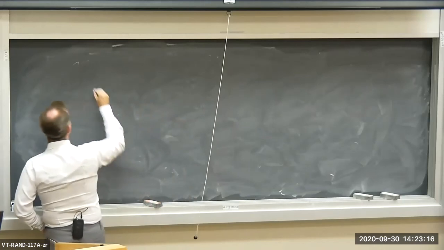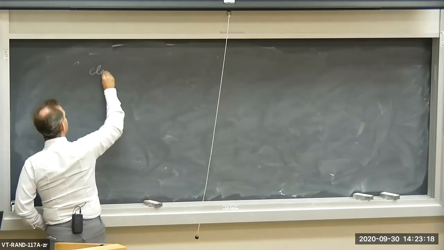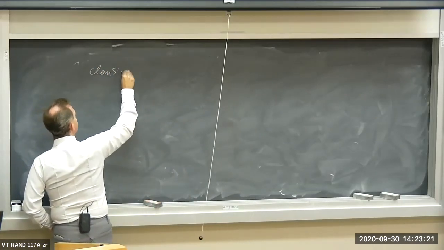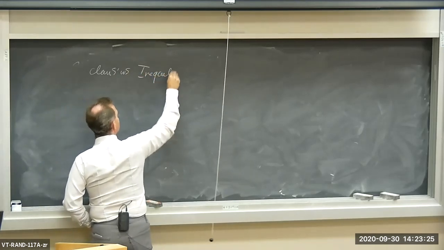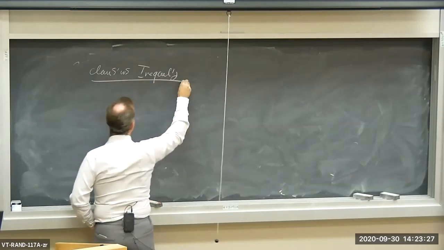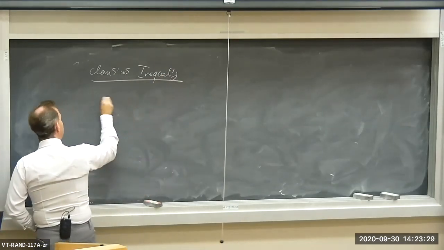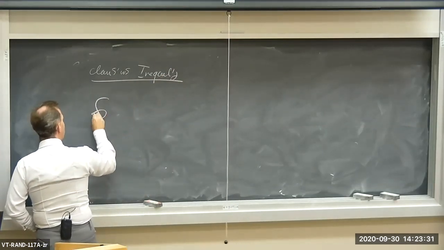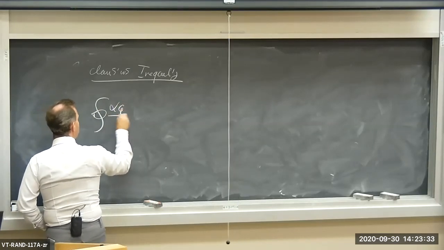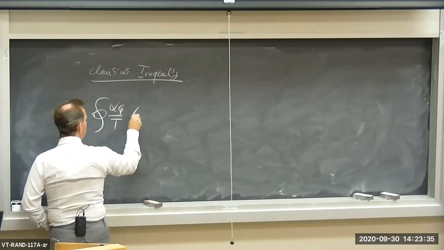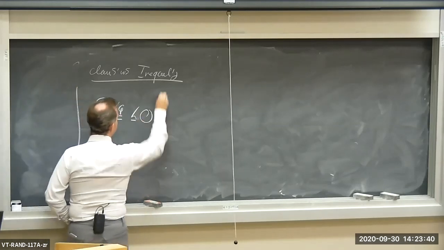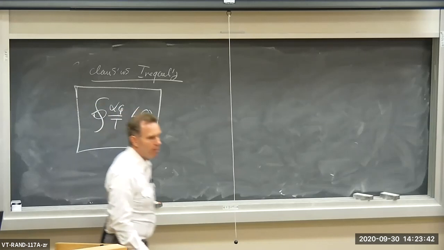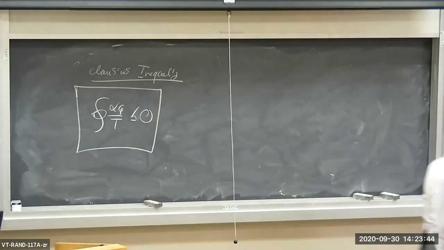So that brings us to the Clausius inequality. The integral over a cycle of del Q over T has got to be less than or equal to 0. Again, I'm going to box this up. Very important result from the end of our treatment of the second law.